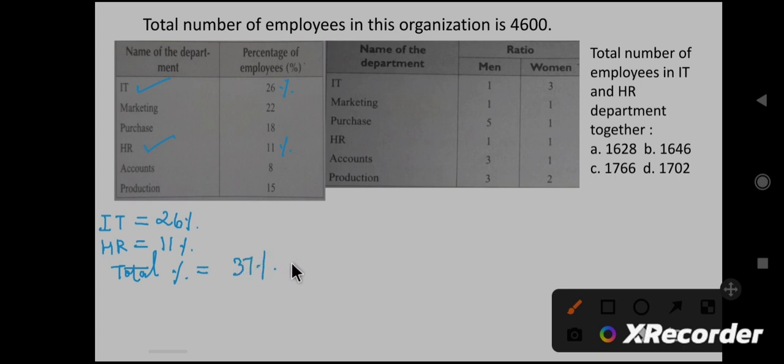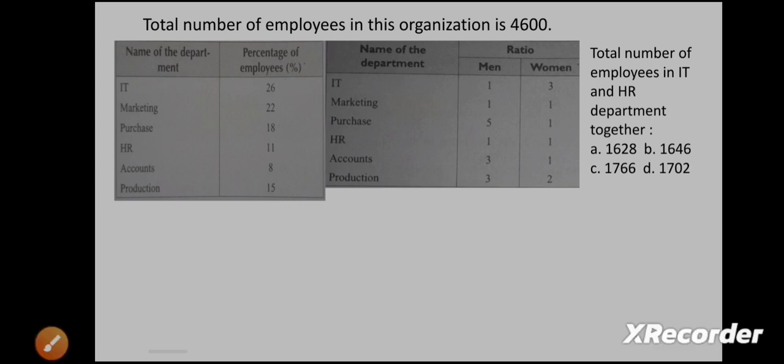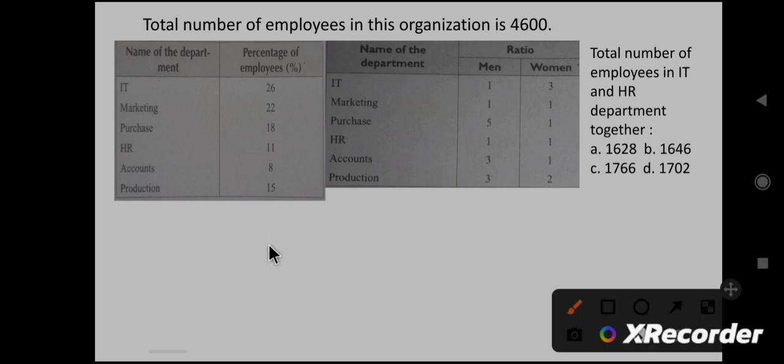So we have to see what 37% of the total number of employees is.